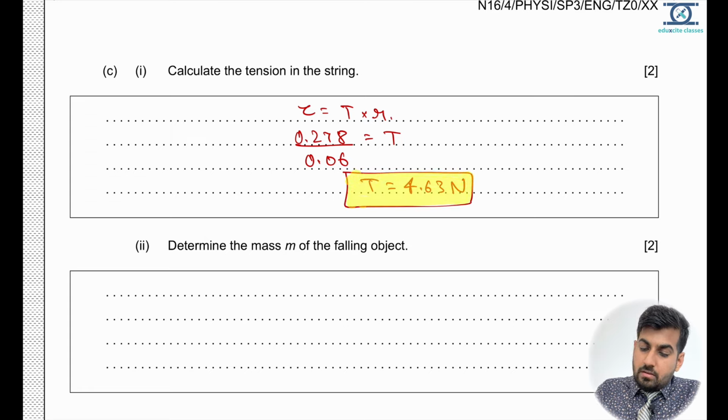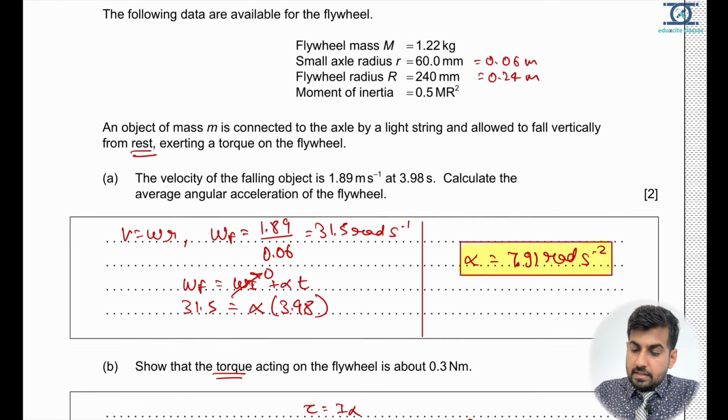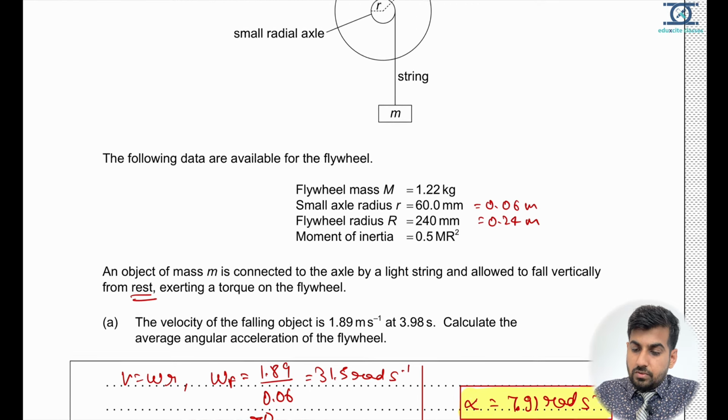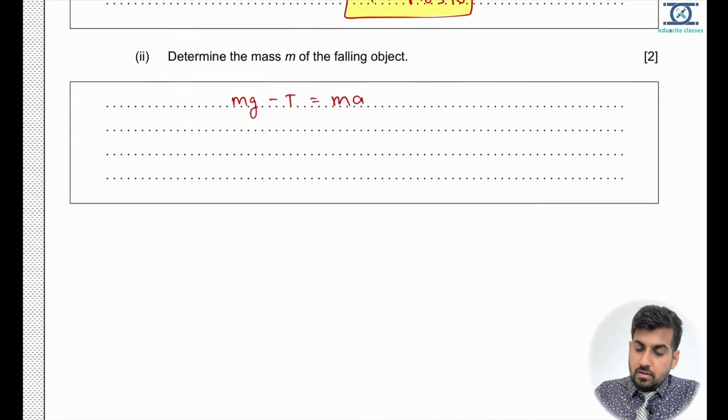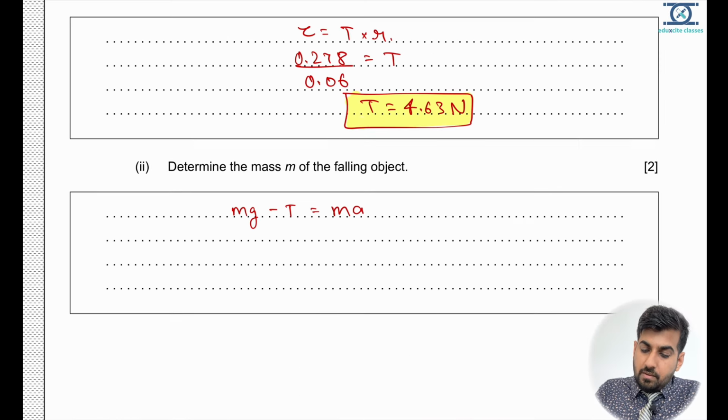Now for small m, what we can do is mg minus T is equal to ma, right? Now a we don't know, but we know the angular acceleration, so we can easily find it. mg minus ma is equal to T, so m will be equal to T upon g minus a.